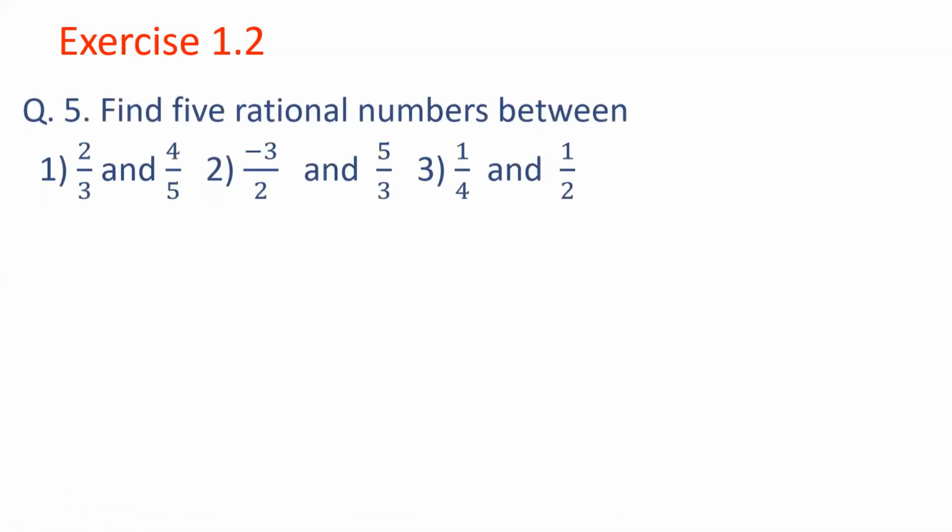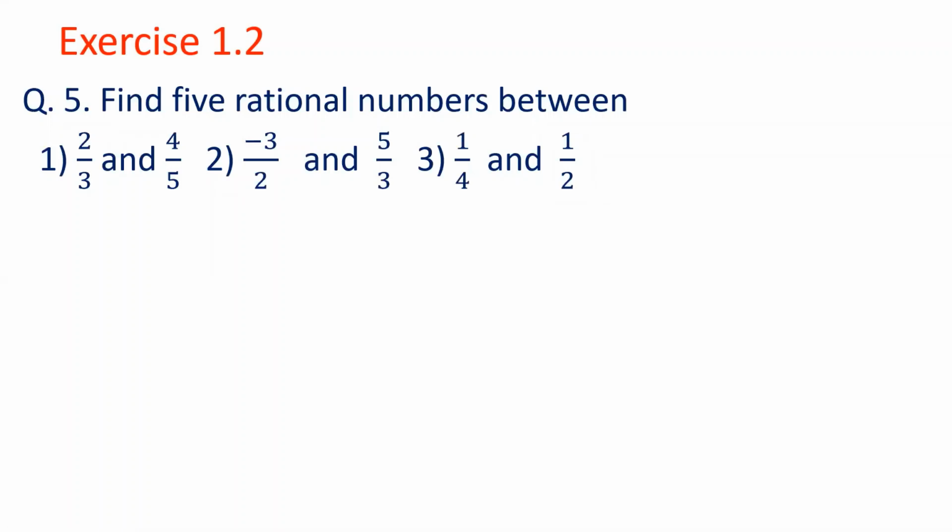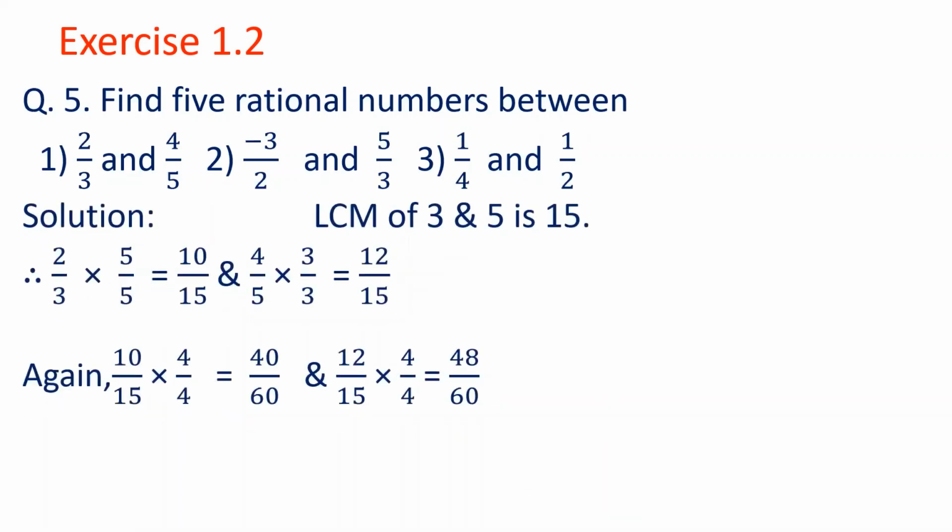Starting with exercise 1.2, question number 5, find 5 rational numbers between the given numbers. Starting with the first question, we have to find 5 rational numbers between 2 upon 3 and 4 upon 5. Because we have to find more numbers, we are going to use the same denominator method.